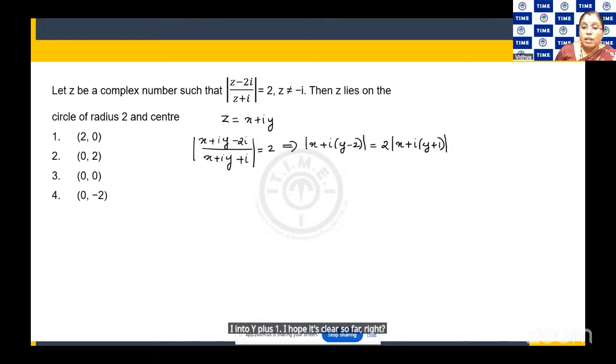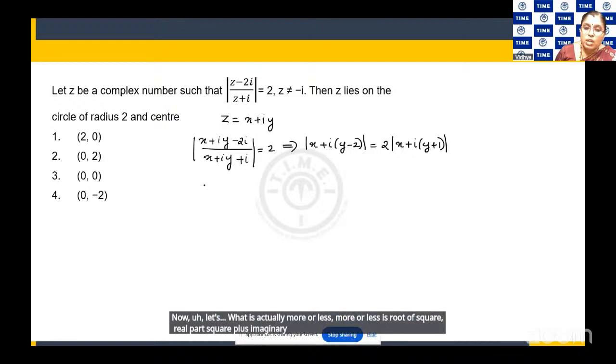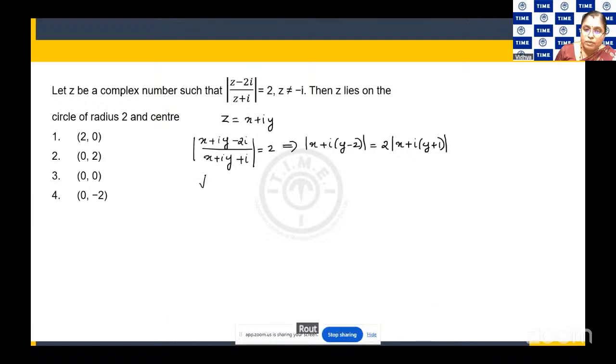Now, what is actually modulus? Modulus is root of real part square plus imaginary part square. So we get root of x square plus (y minus 2) the whole square equal to 2 into root of x square plus (y plus 1) the whole square.